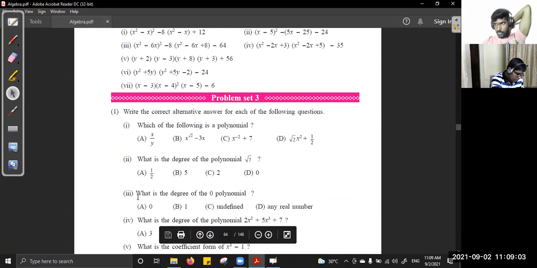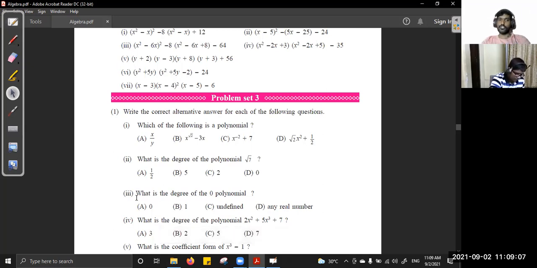By next week, try to finish the entire problem set. Check your answers at the back. If they match, well and good. If they don't match, mark those you did not get and send me photographs of them. Then we'll keep one class separate only to discuss problems and questions of this chapter.